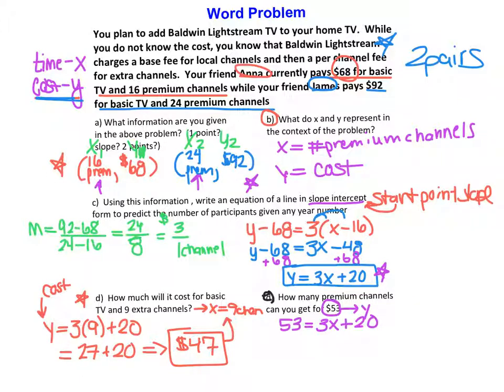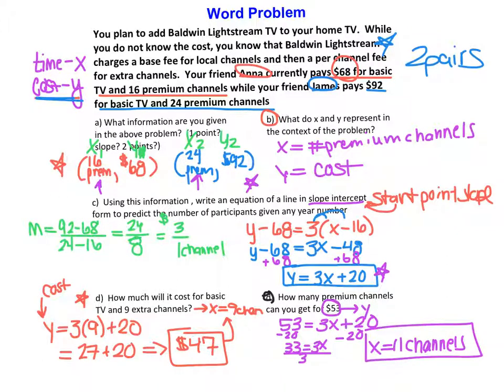So I have $53. I need to find x, my number of channels. So I rewrite this to solve for x. So I start by subtracting 20. So I have 33 is equal to 3x. Divide both sides by 3, and I find that x is equal to 11 channels. So if I want to have $53 exactly spent, I'm going to need to purchase 11 channels.